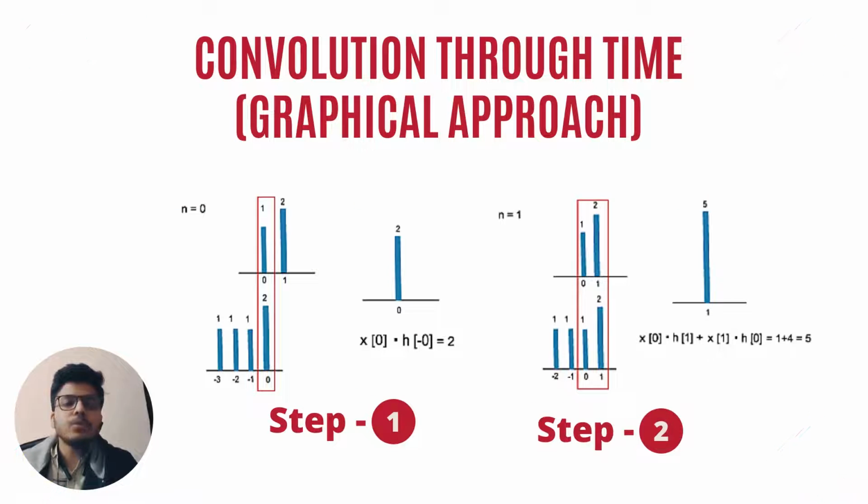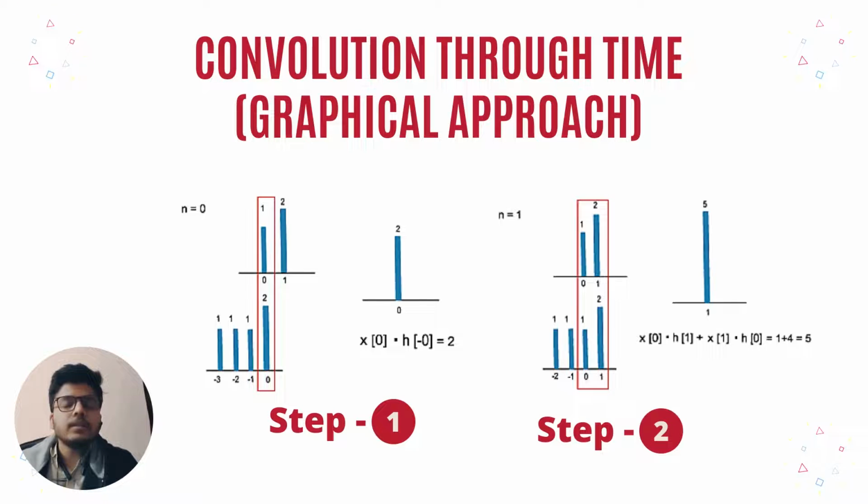Let's see the graphical approach of convolution through time. In step number 1, we have reversed the impulse response h and begin its drivers at time t equals 0. In step number 2, we continue the drivers.